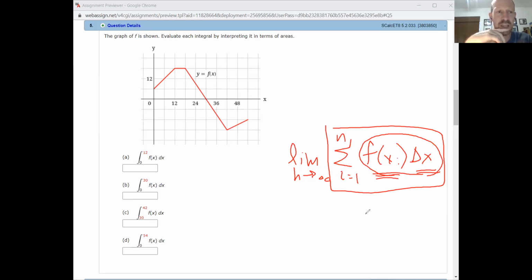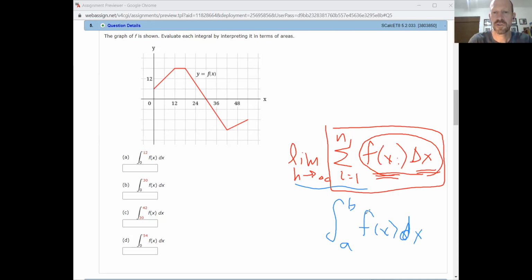What we learn in 5.2 is that this notation is a lot of extra work and hard for us to work with. So what we can do is replace this part with this. It's called definite integral notation. This big S is really what it comes from, and that's a dx.